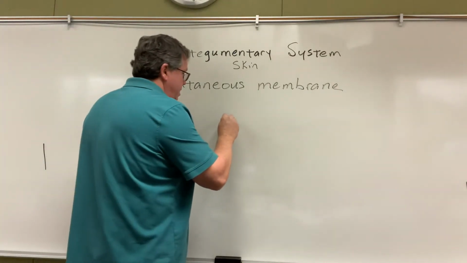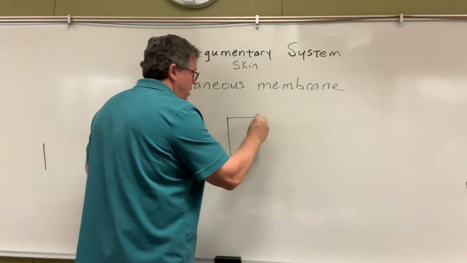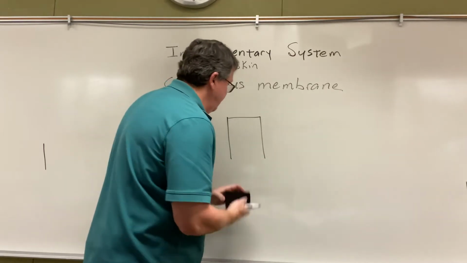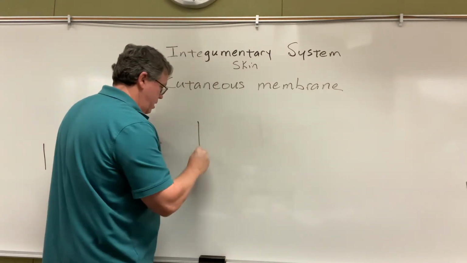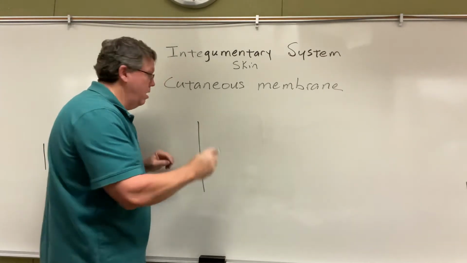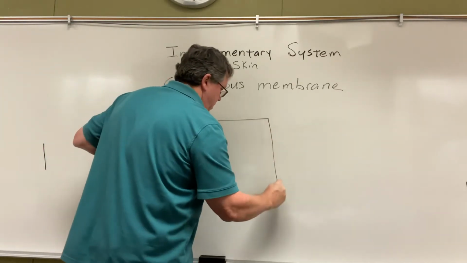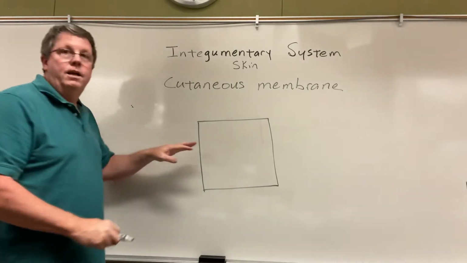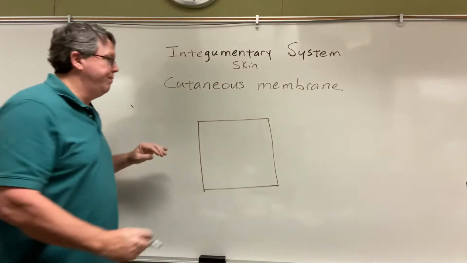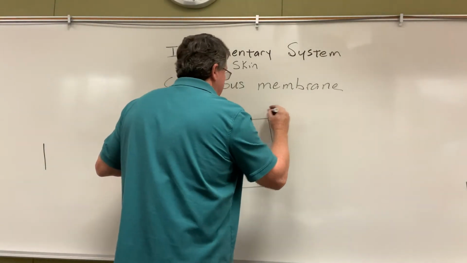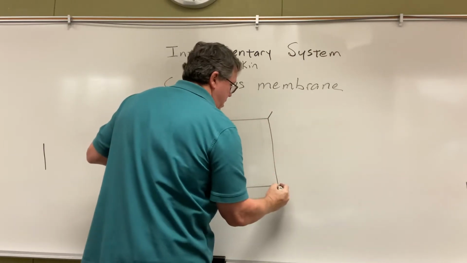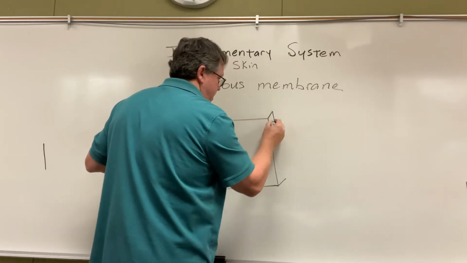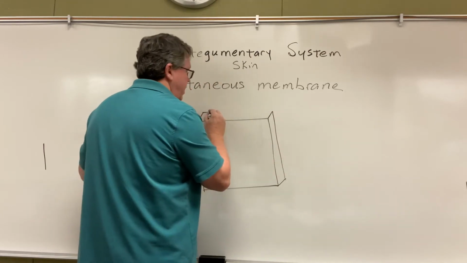All right, but let's just say we had a little piece, a little chunk of skin right here, okay? We cut out a little chunk of skin, and it looks something like this. Just a little square of skin.